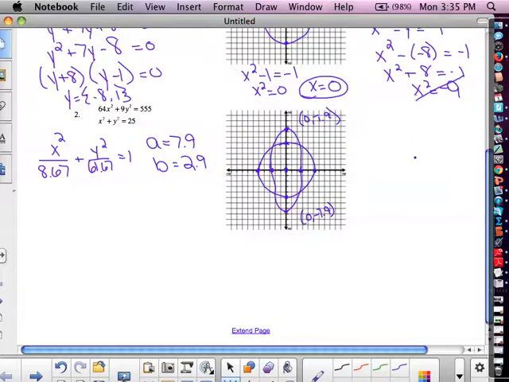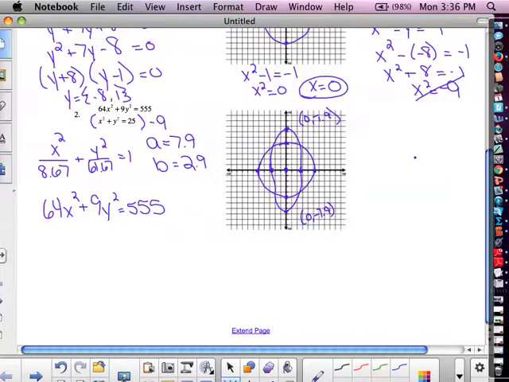But now I need to find algebraically the points of intersection. The easiest way to do that algebraically is to take the second equation and multiply by a negative 9. So the first equation I'm going to leave alone, 6x squared plus 9y squared equals 555.